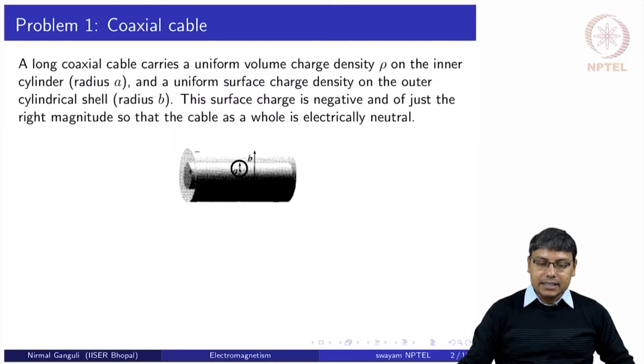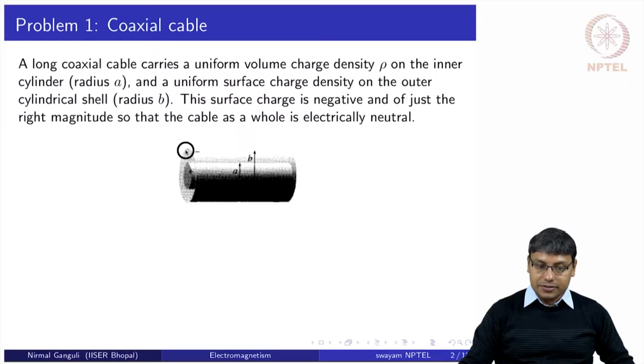For the inner cylinder, the radius of that cylinder is A and the outer shell, its radius is B, and we have a uniform volume charge density rho on the inner cylinder, that is of radius A, and we have a uniform surface charge density on the outer cylindrical shell.